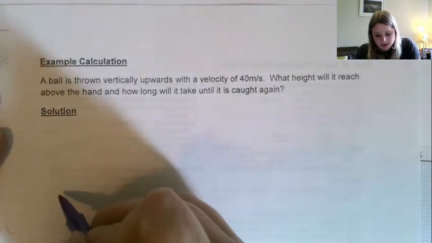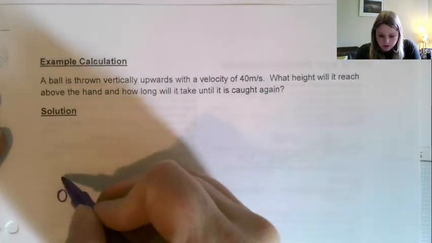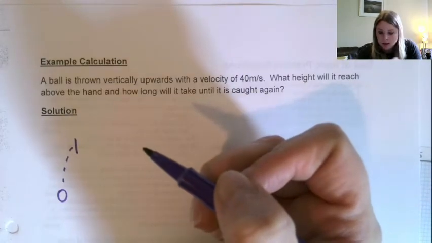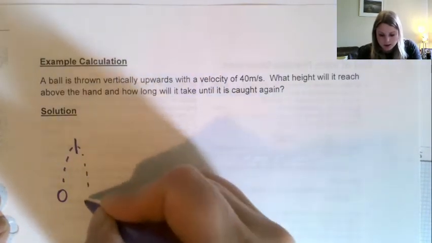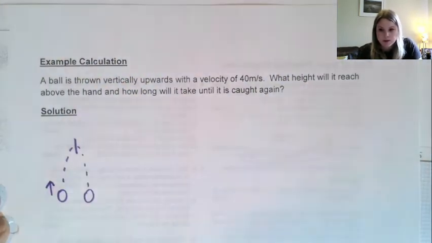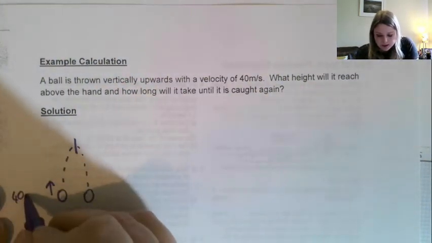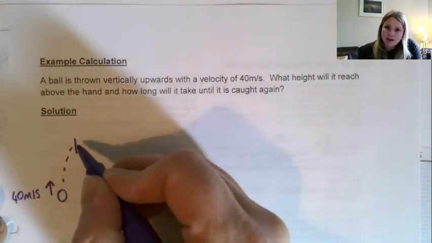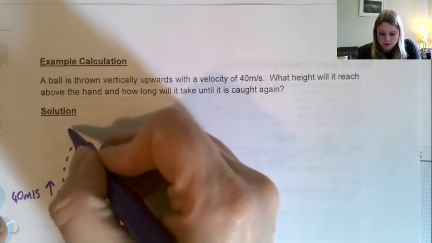So here it is, and it's going to go up until it reaches the top, and it's going to stop there, remember, and then it's going to come back down again and be caught at the same height. So it goes up with a speed of 40 meters per second, and it decelerates due to gravity, and then it stops. So the velocity here is 0.